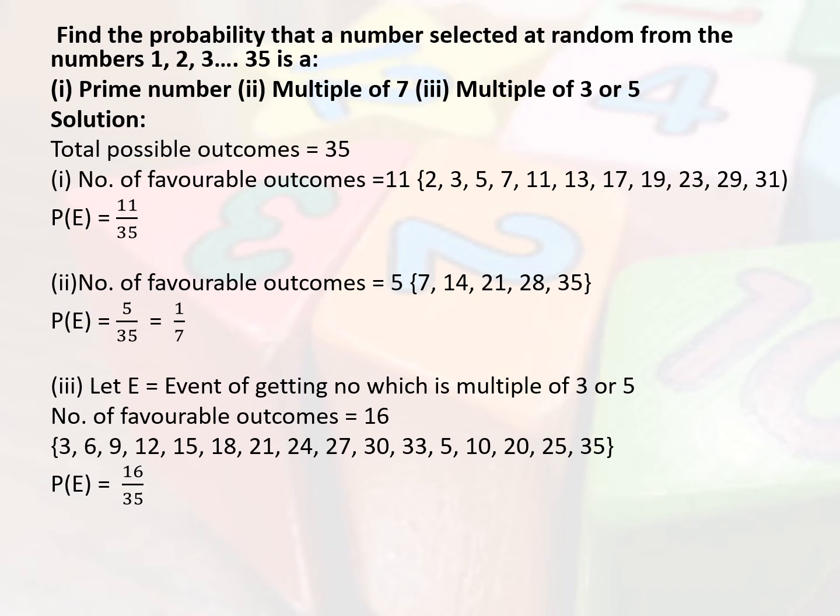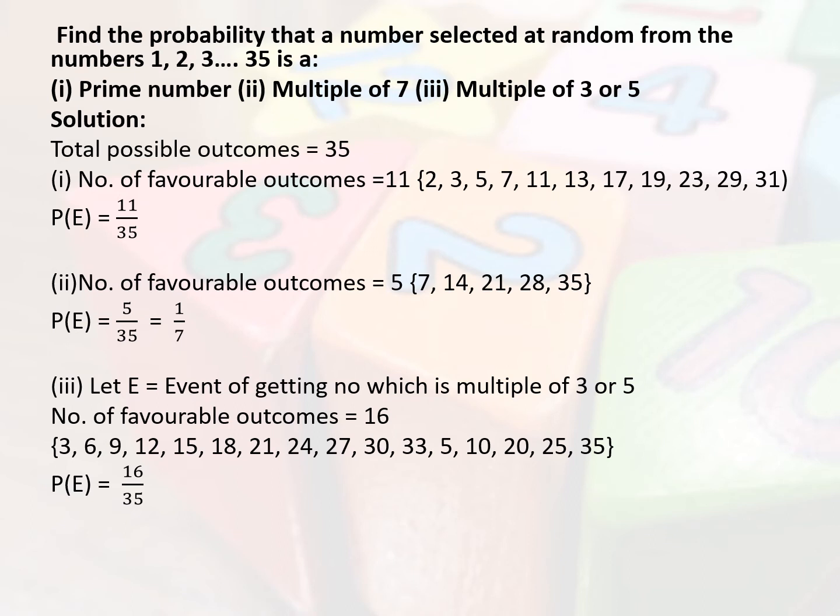Next we have multiples of 3 or 5. See, here we have 'or' in between. That means you will include multiples of 3 and multiples of 5, and you will write the common multiples once. Let me repeat, you will write multiples of 3 and multiples of 5, but you will write the common multiples once.